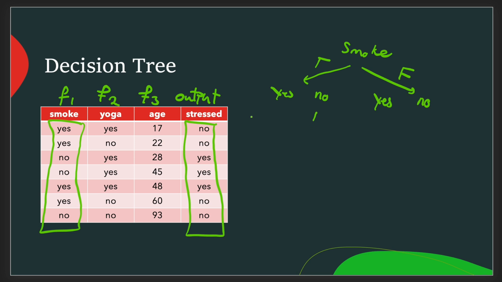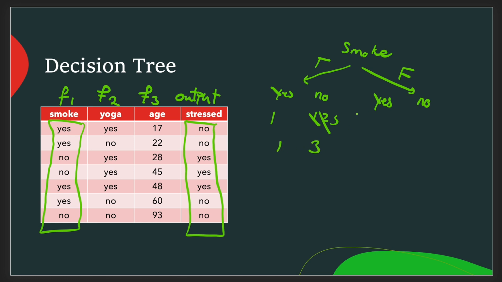So no is one. Here again, they smoke, but they're not stressed, so that goes to two. And then here we go, they smoke, and yes, they're stressed as well. So this is one. And then again, they smoke, but they're not stressed, so this goes to three. So we ended up with 1, 3.